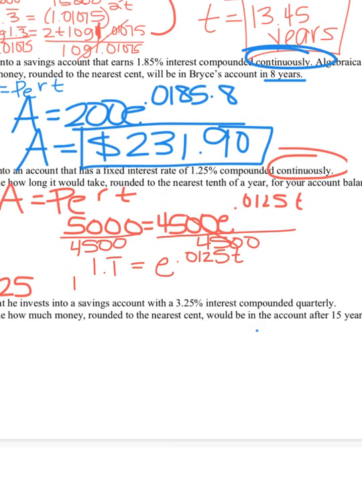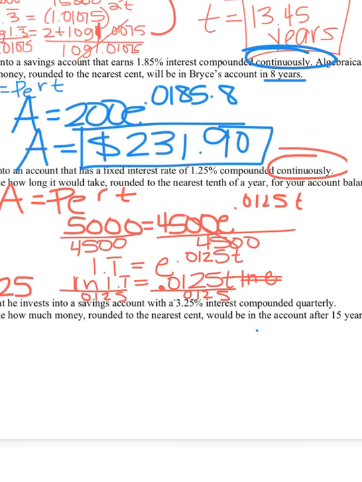The base is an e, so you're going to use the ln. So ln of 1.1 repeating equals, on the right side, the exponent comes down. Then you have ln of e. ln of e is 1, so it cancels itself out, right? Anything times 1 is itself. So all you have to do to get t by itself is divide by 0.0125.